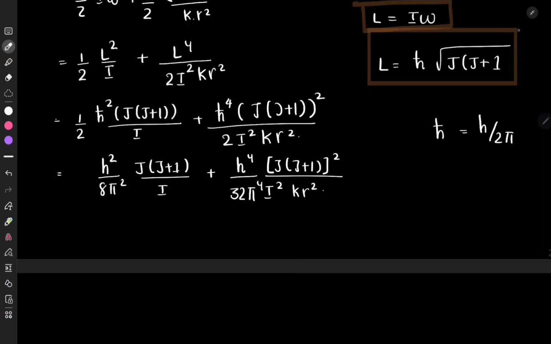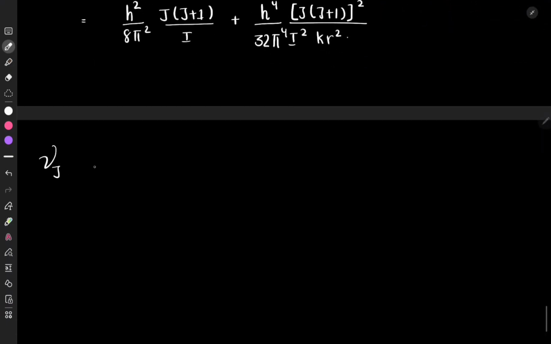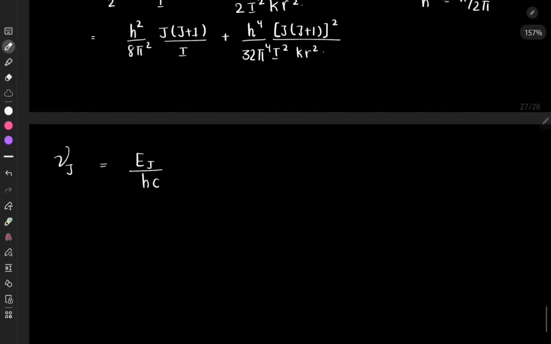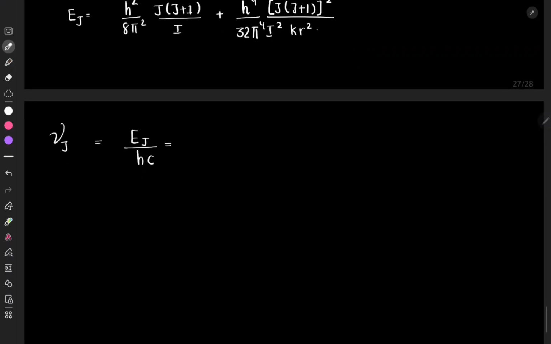So let's write in terms of nu j. So nu j is nothing but Ej divided by hc. So this term Ej, you have to divide by hc, and this gets cancelled. Here also it will be h cube, and you will get a c in the denominator.